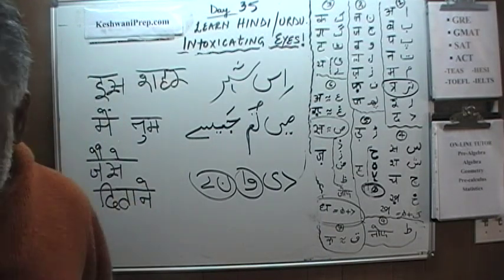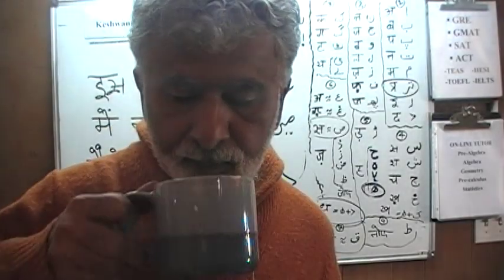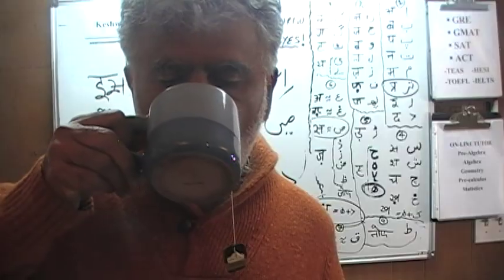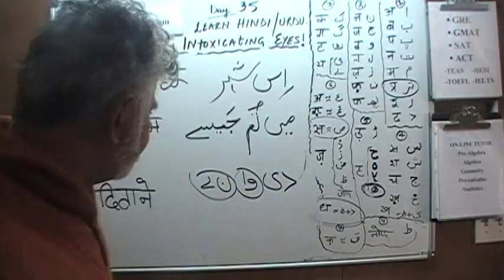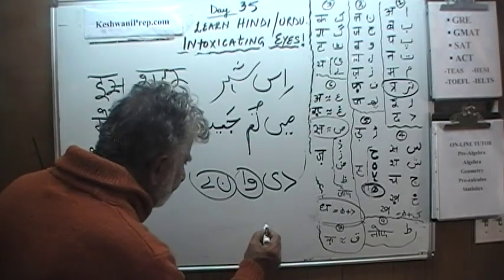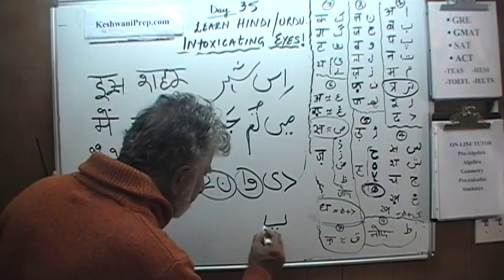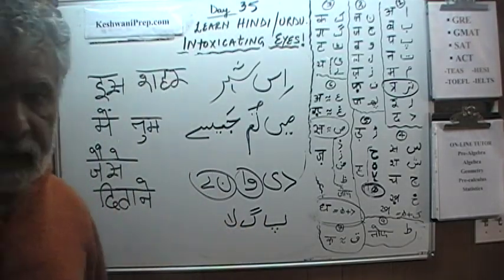You know, divane is the plural of divana. Divana is a madman. A synonym of divana would be pagla. Pa, ga, la, pagla. Pagla, divana.